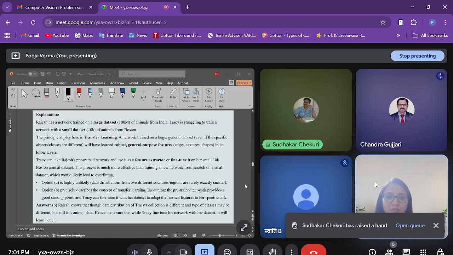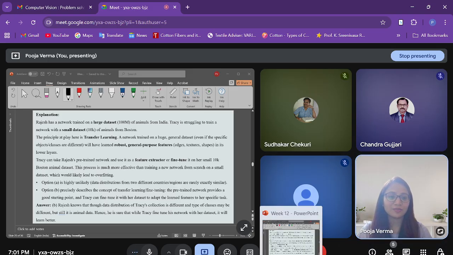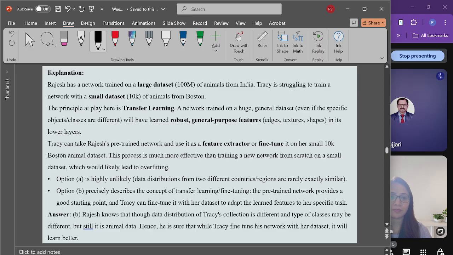We will discuss that. Let me explain first. Countries may be different, but the data is similar, and he has a large set of data, right? 100 million. And Tracy has only 10K data. But the animals may be different now.